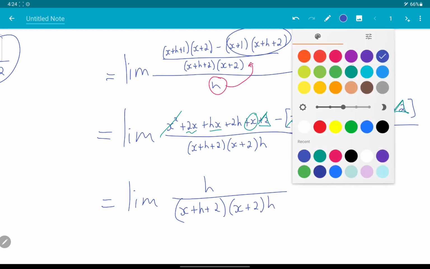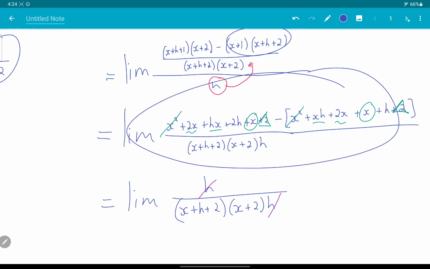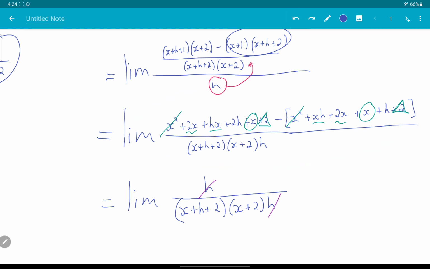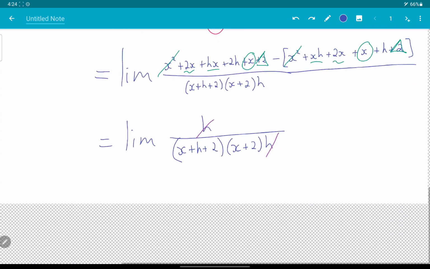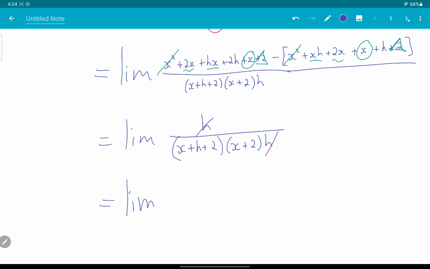Et voila. Boom. Now, if you come to this stage and your h's are not canceling, then you've made a mistake up here. Almost certainly, there's some mistake. Good thing to keep in mind.